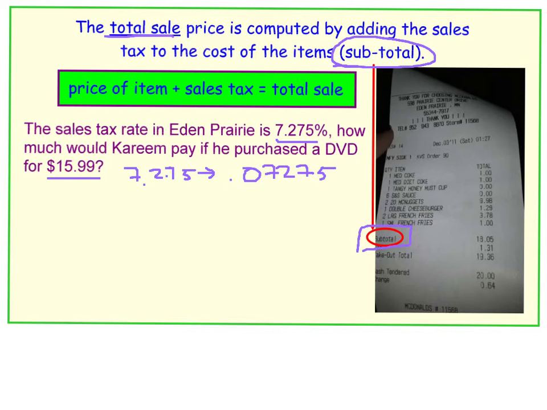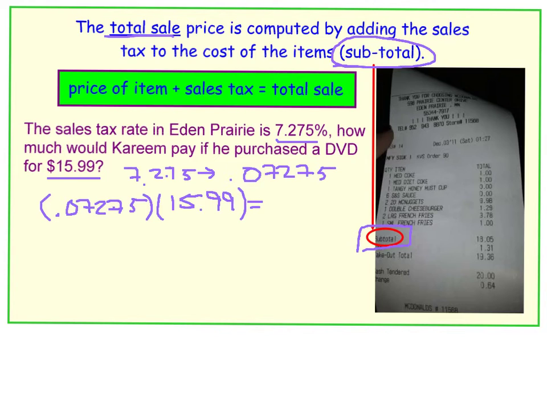So now that I have my percent as a decimal, I can take my decimal, or my percent of sales tax, times the subtotal, which for Kareem was just $15.99.